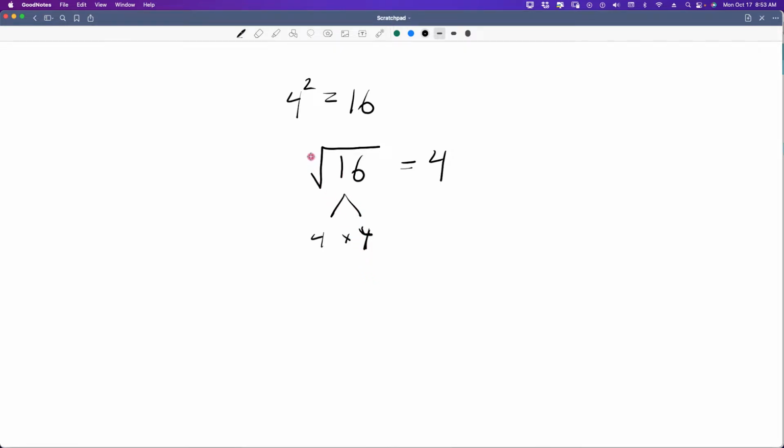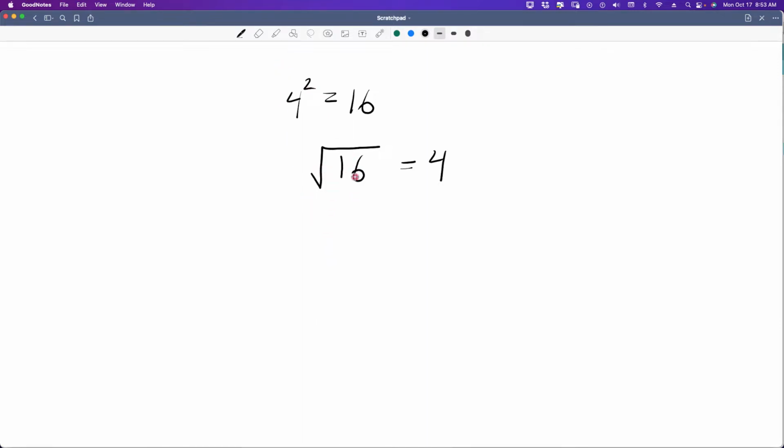So it's asking, the default number is 2, right? Just like the default sign is positive, we don't write it because it's the default. It's understood that there's a 2 here. So when you see this radical symbol, it's asking for the square root of 16. And we need to know those 2 times 2, 3 times 3, those square powers in order to solve these mentally.